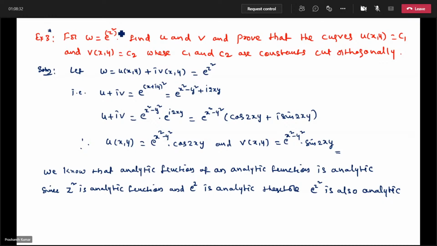We know that every analytic function forms an orthogonal system of curves.